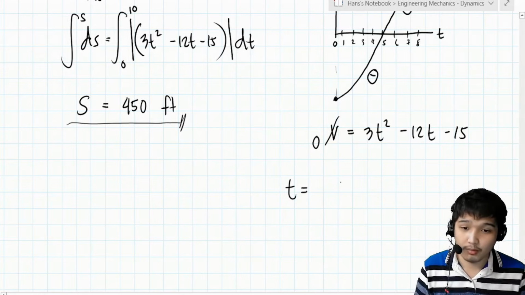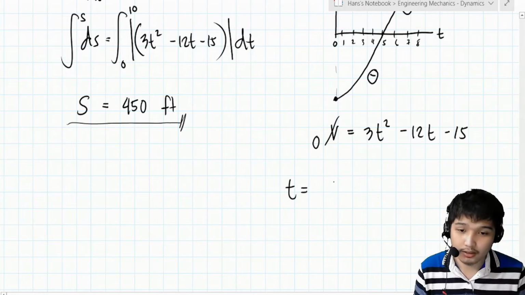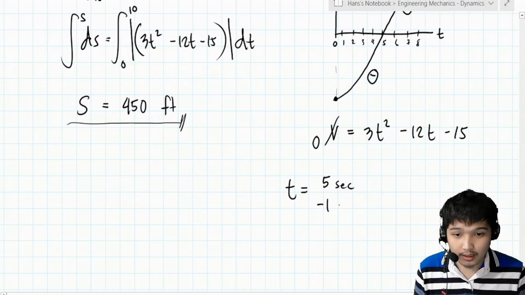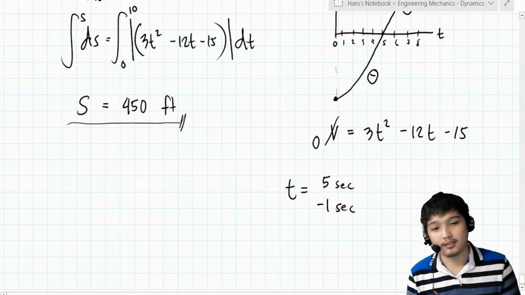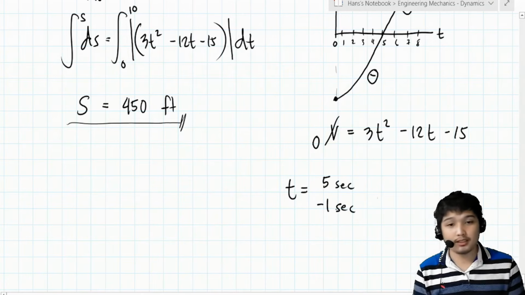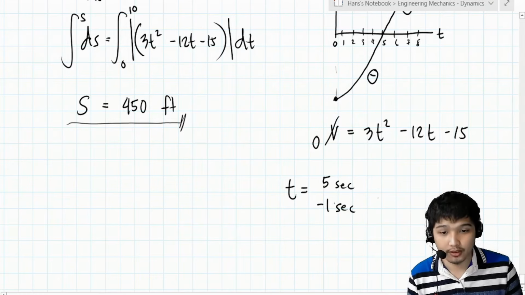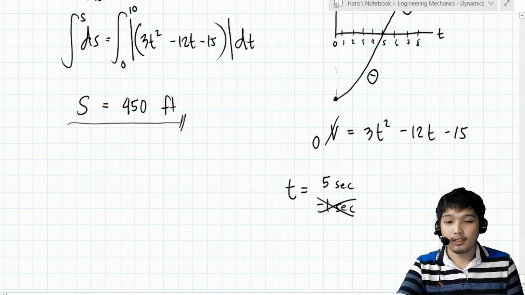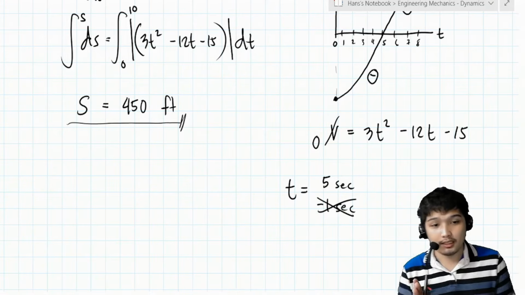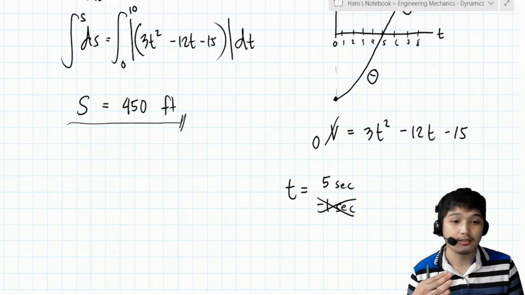Okay. So, from my calculator, ang lumabas that is at time is equal to 5 seconds and then at time is equal to negative 1 second. Okay? So, yun yung 2 times na magsi-zero yung velocity. So, of course, this one is illogical, no? So, meaning to say, meron lang isang point na nadadaan siya sa zero.